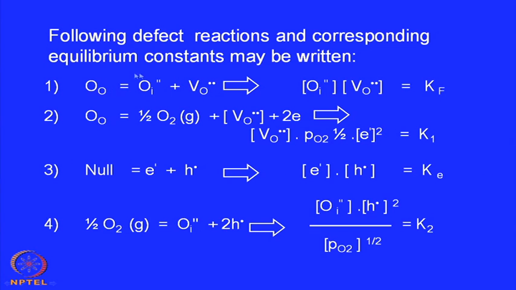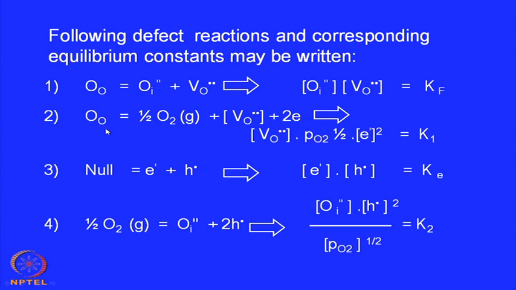That gives rise to an equilibrium constant of this nature. This of course is always 1. This concentration is so high in the lattice that this has to be taken as activity, or the concentration is 1. So, only the concentration of this multiplied by concentration of this will be the equilibrium constant of this particular equilibrium.